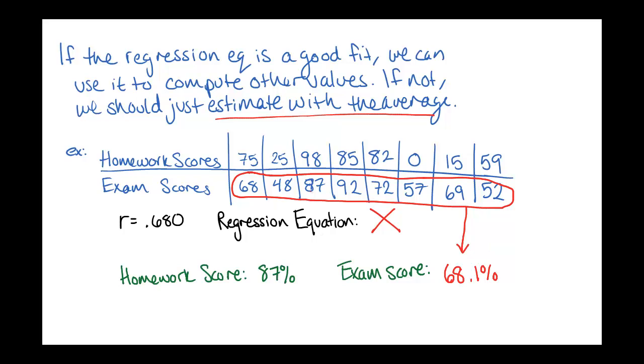Again, I made up these values, so hopefully if you have an 87% on the homework, that doesn't mean you're going to get a 68% on the exam, but according to this data, this would be our prediction. So when you're trying to interpolate data like this, don't just use the regression equation immediately. We have to actually look and see: is that a reasonable description of the data, or should we not use it at all? That's what looking at these R values is really about.